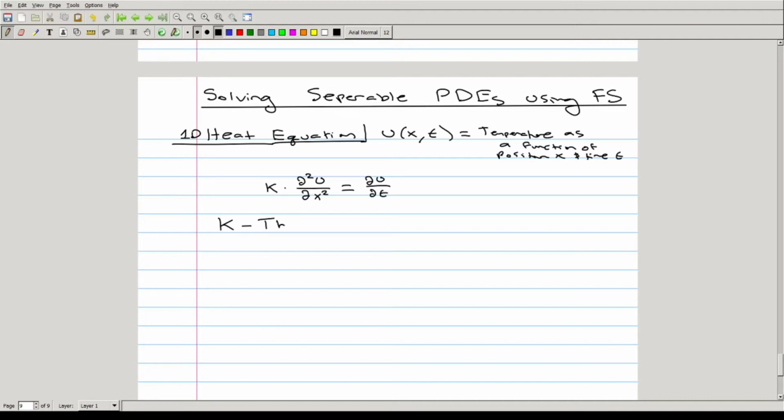This is called the thermal diffusivity of the medium.